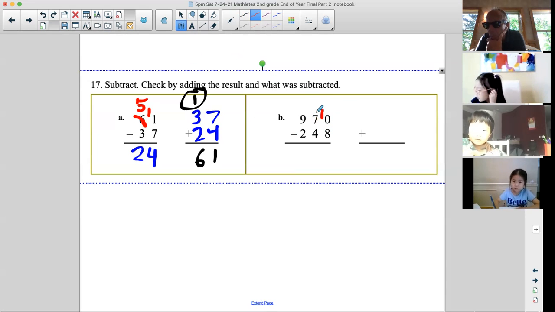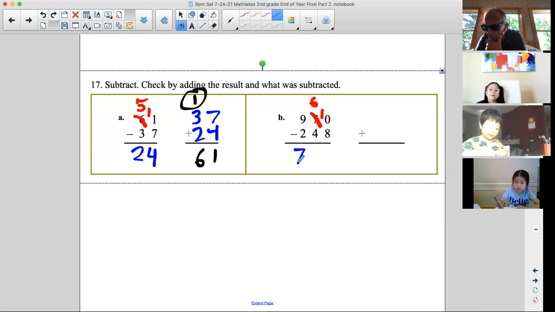We borrow that 1 from the 7 and we make him a 6. Now, 9 minus 2 is 7. 6 minus 4 is 2. And 10 minus 8 is 2.